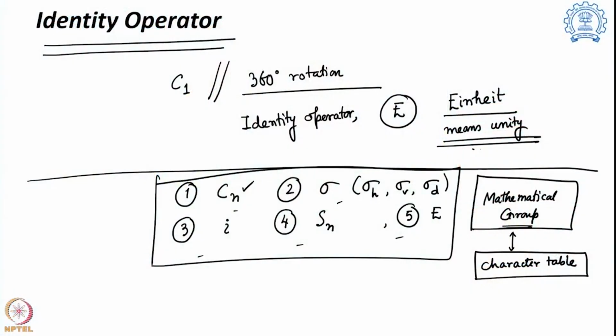So now we would like to conclude this segment. In this particular segment we have covered the different symmetry elements that can be present in a molecule. That can be a rotational axis of symmetry Cn, that can be reflection symmetry through a plane sigma, which can be sigma h, sigma v or sigma d.